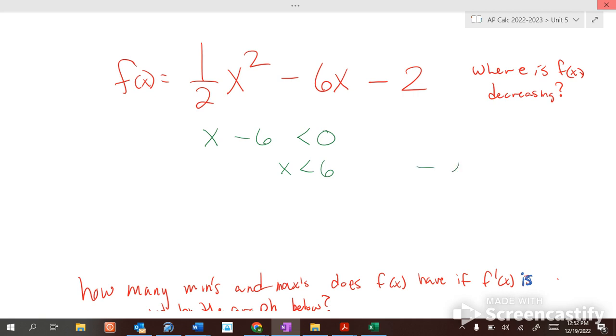So it should be from negative infinity to 6. If we want to test that, let's just put 0 in here. If we put 0 into the first derivative, we get a negative number, right? And a negative number for the first derivative gives us a negative slope. So from negative infinity to 6, the function is decreasing.